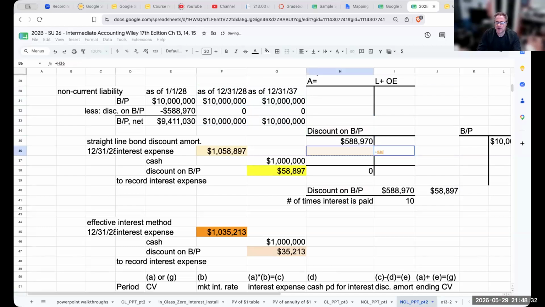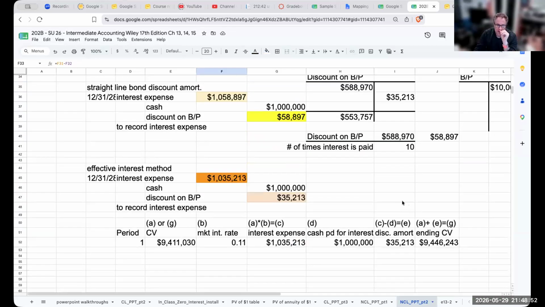When I amortize this discount on bonds payable, my new ending balance on the discount on bonds payable is going to be 553,757. This has a debit balance as a contra liability, so it's going to be reducing that amount.